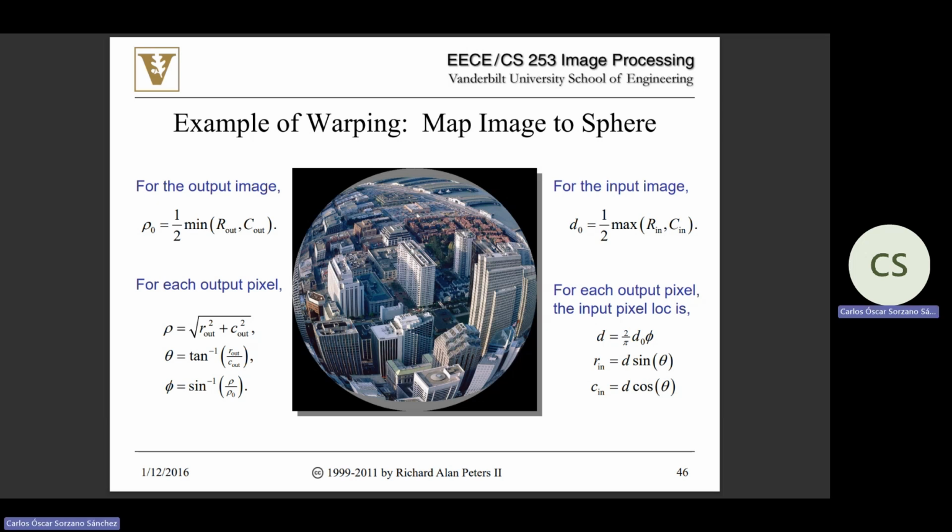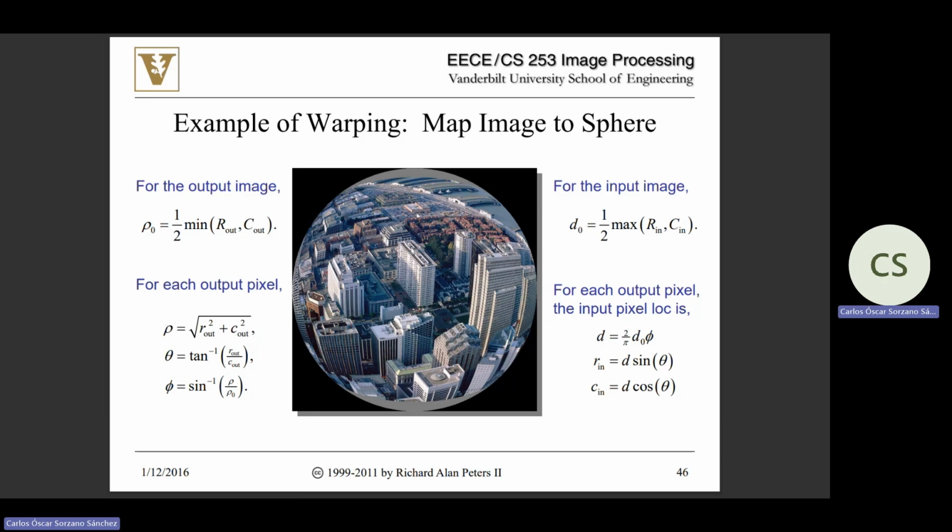Now, what is very interesting is that we have explained very simple geometrical transformations, but we can perform more fancy transformations.